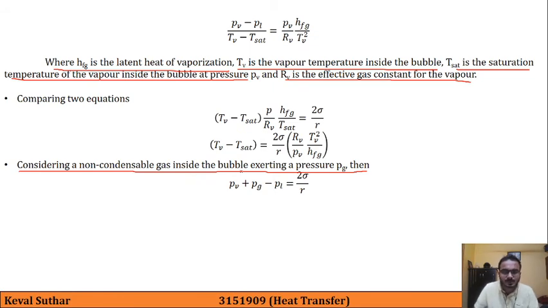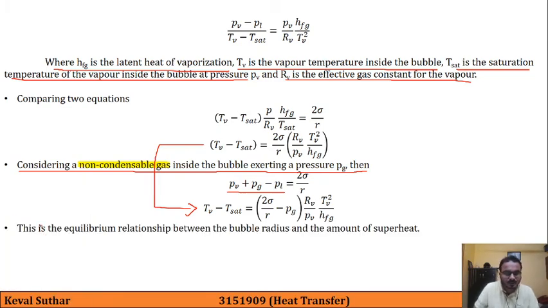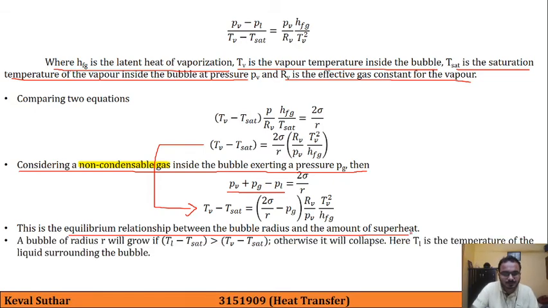That is, Pv plus Pg minus Pl is equal to 2 sigma divided by R. And this equation is also modified with consideration of non-condensable gas. This equation is the equilibrium relationship between the bubble radius and amount of superheat.